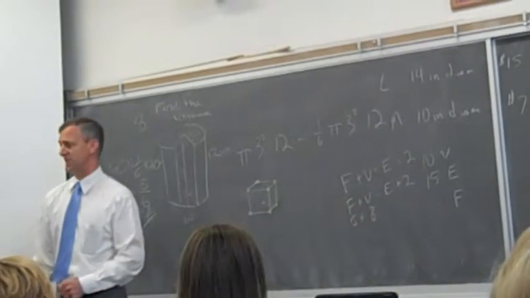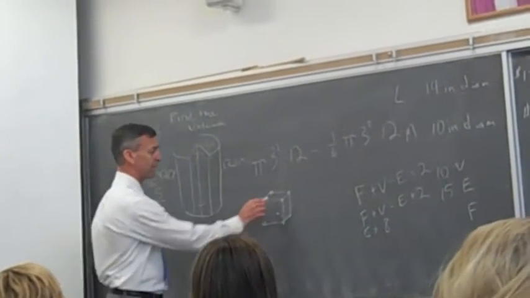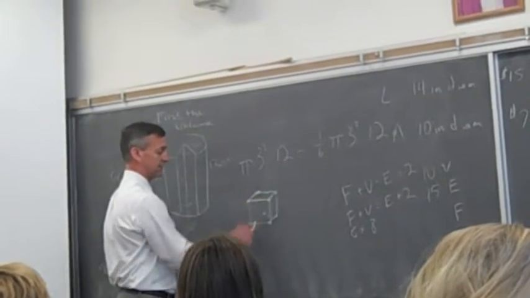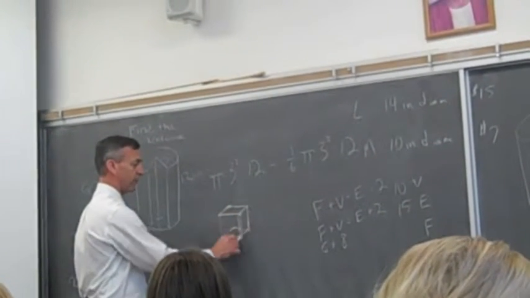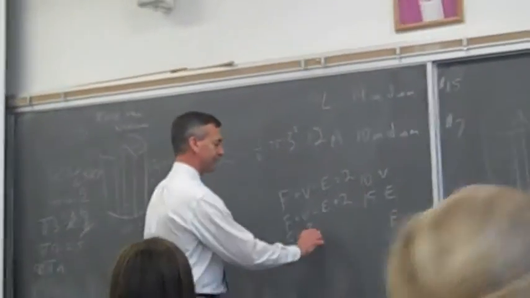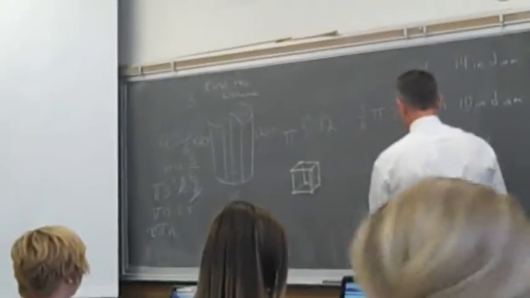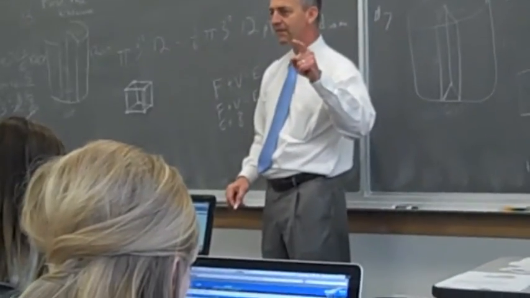How many edges? You should be able to get it really quick. 4 around the top, 4 around the bottom, and the 4 that connect the top with the bottom. That's 12. So now you've got a 6 and an 8 and a 12 here, and that's where the 2 comes in.